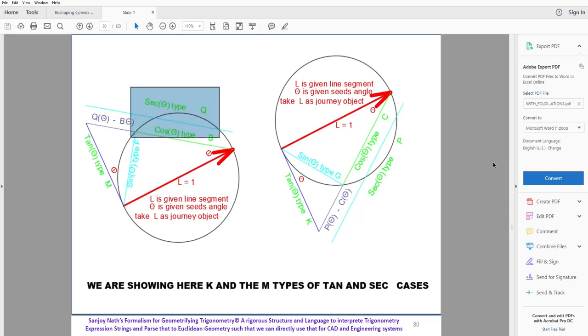These are the 4 journey options, and sec theta is the complement of tan theta and tan theta is the complement of sec theta. When we generate the output as the tan theta, then sec theta is the automatically generated complement, and in that way we think in Sanjoy Nath's Geometrifying Trigonometry.